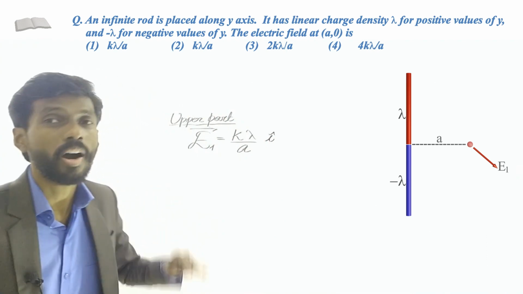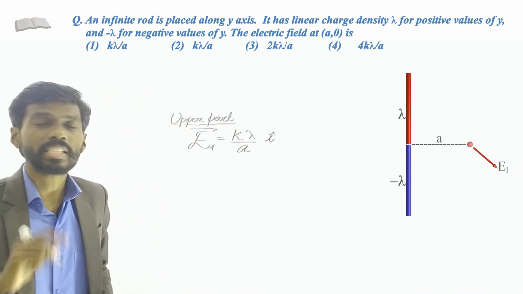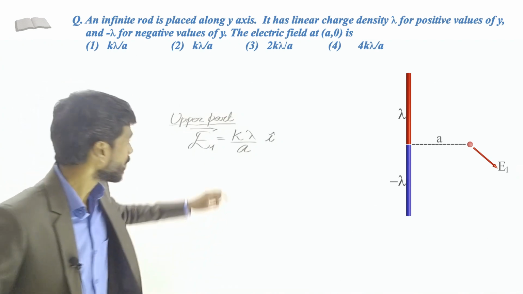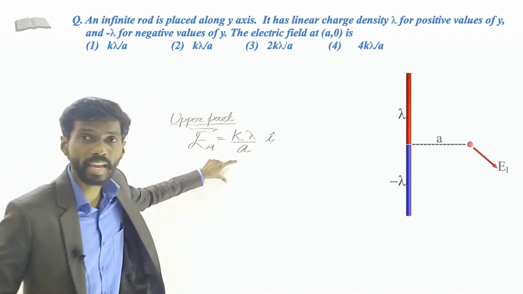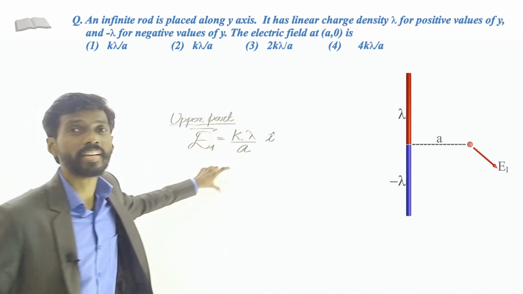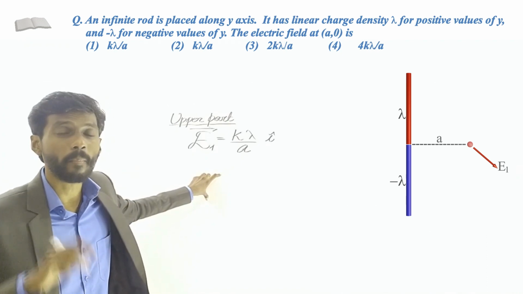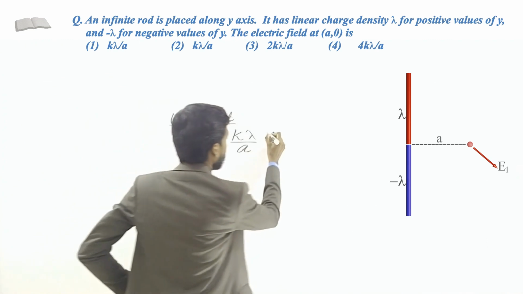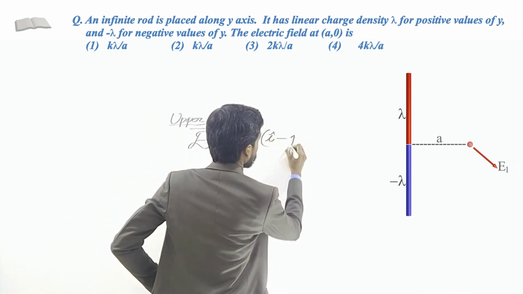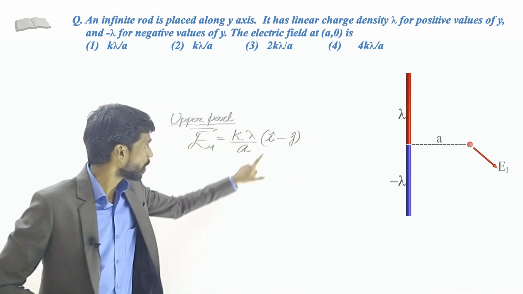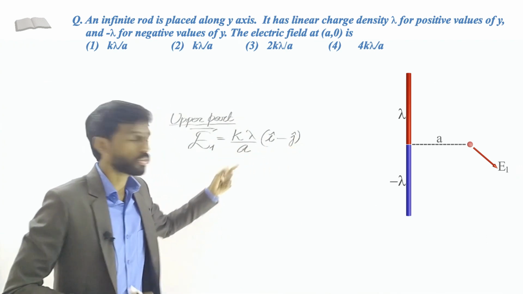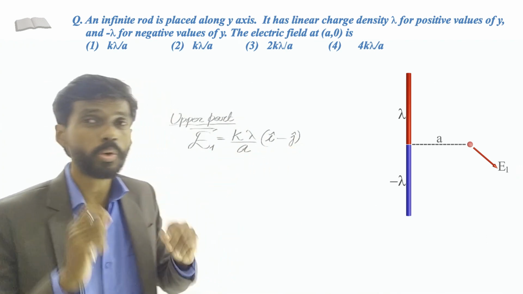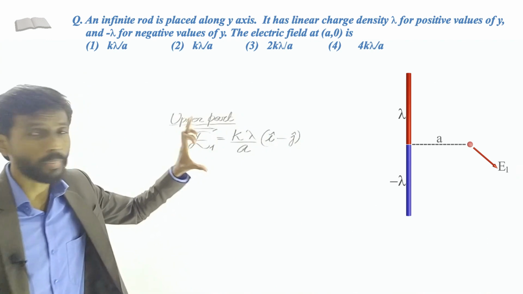So this is the horizontal component of the electric field. Similarly, we'll find the vertical component that has the same value k lambda divided by a, but this is in the negative y direction, that means minus j cap, the unit vector. So if you take out a common factor, it is i cap minus j cap. The horizontal and vertical components are the same. So this is the total electric field due to the upper part of the rod.